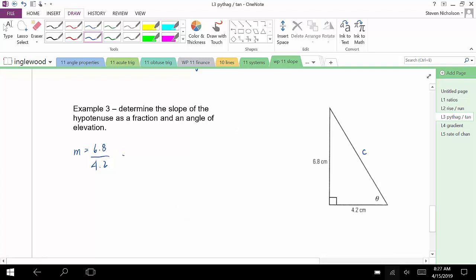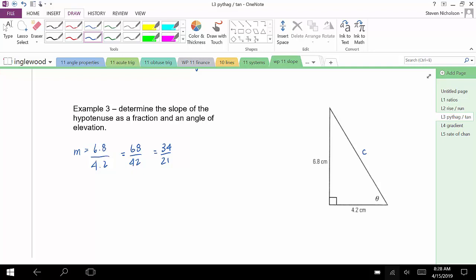So if we multiply the top by 10 and we multiply the bottom by 10, we have an equivalent statement and no decimals. And if we wanted to simplify this by eliminating a common factor, the biggest number that goes into both those numbers is 2. So the slope of that hypotenuse is 34 over 21.